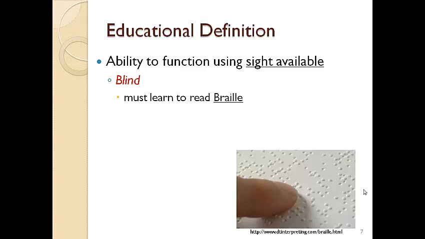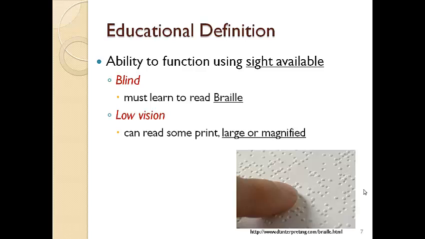So for a student to be blind, based on the educational definition, they must learn to read Braille. Those who have low vision can read large print, either through using a magnifying device, or books that are printed in large print.